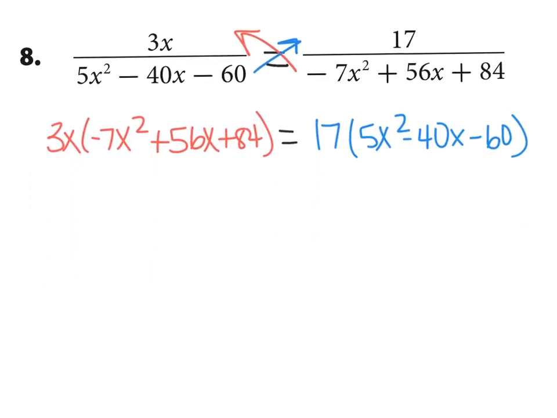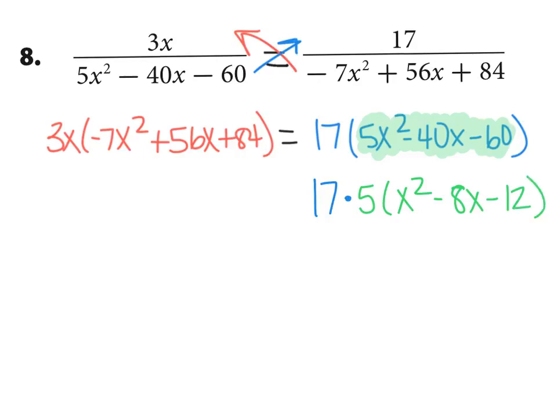Okay, let's factor the right side first, because that one looks a little bit easier. Can you factor 5x squared minus 40x minus 60? Yes. What can you do first? Take out the GCF, which is 5. So if you take that out, you still have 17 times 5 times x squared minus 8x minus 12.